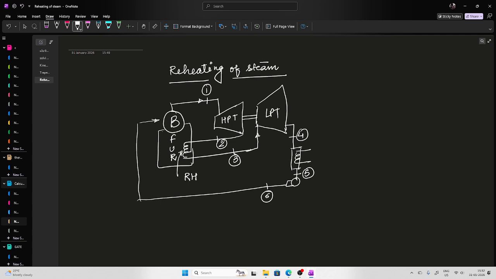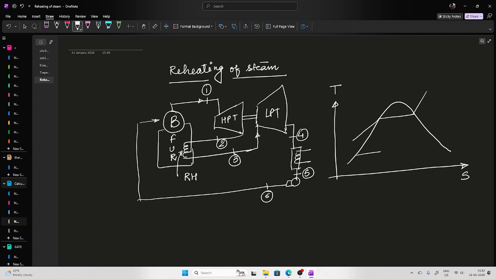Now if you try to draw the TS diagram for it, this is your boiler pressure, and let's say this is the condenser pressure. So somewhere here you are at point number 1.